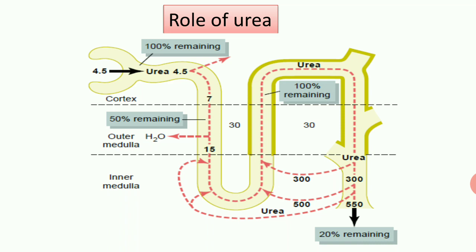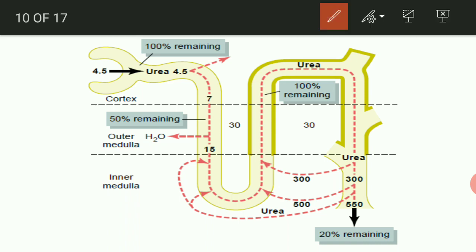If we see, these are the osmoles of urea, 4.5 milliosmol, which are filtered in the proximal convoluted tubule. It is again 4.5. Now if water is reabsorbed, they progressively become concentrated, and in the medullary collecting duct the osmolarity of urea is increased.